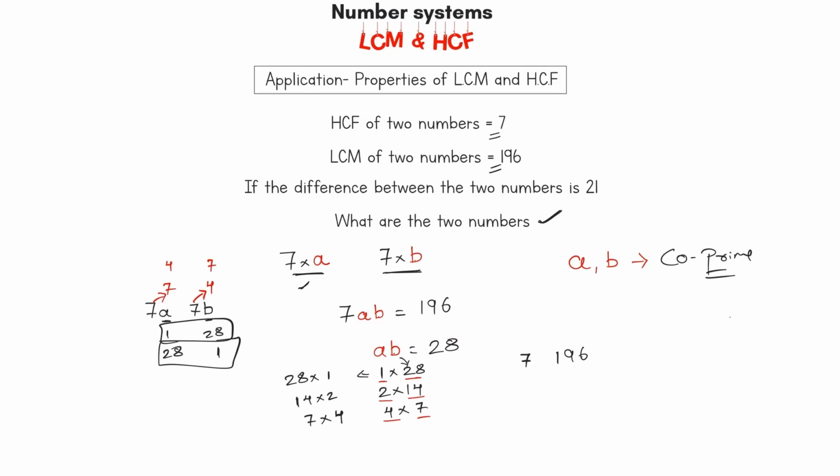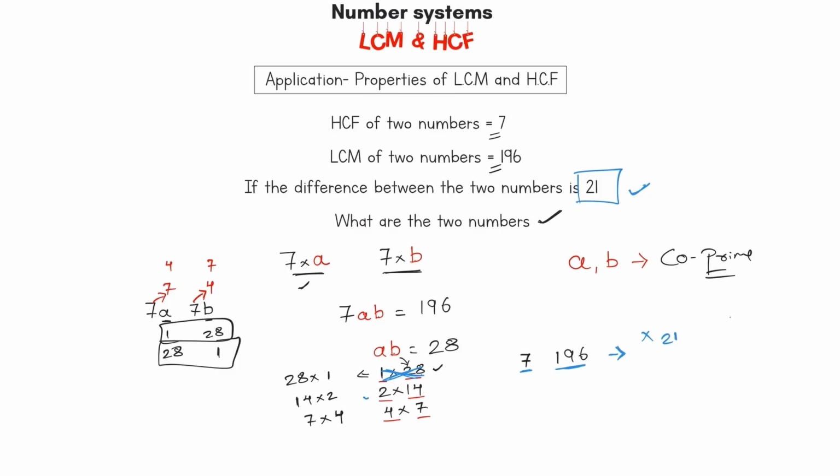I get the other number. So in this case, I get two numbers as 7 and 196. Is this my answer? No, because the problem is saying the difference between the two numbers is 21, and the difference here is not equal to 21. So these are not my numbers. So this is not my case.